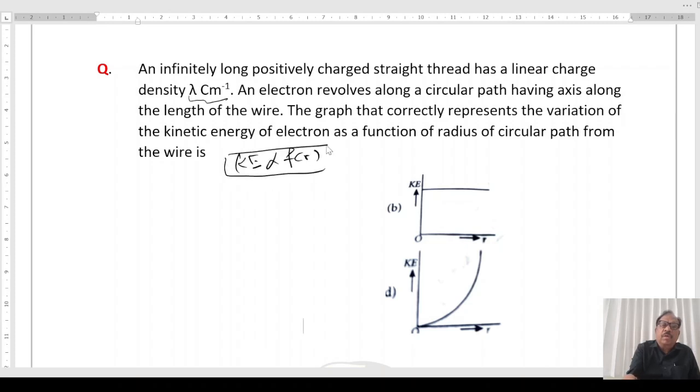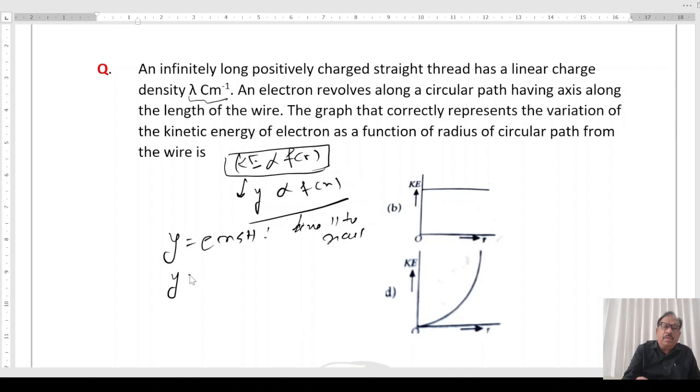We have to develop the relation between these two. Kinetic energy is y and function is of x. Radius is r. Now, if y equal to constant, line parallel to x-axis.